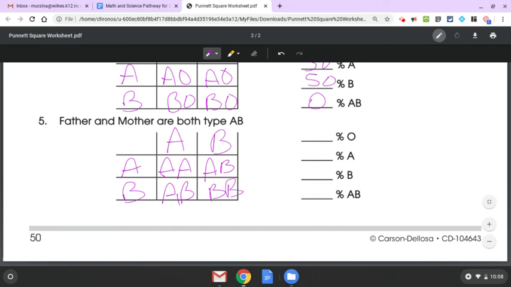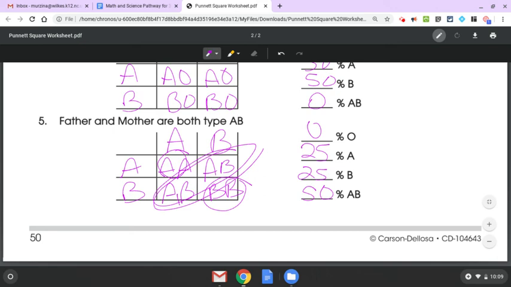When we calculate the probability, there's a 0% chance that the offspring will have O blood type. There is a 25% chance of type A, 25% chance for B, and a 50% chance for AB, since both of these are AB. And that's how you do blood typing.